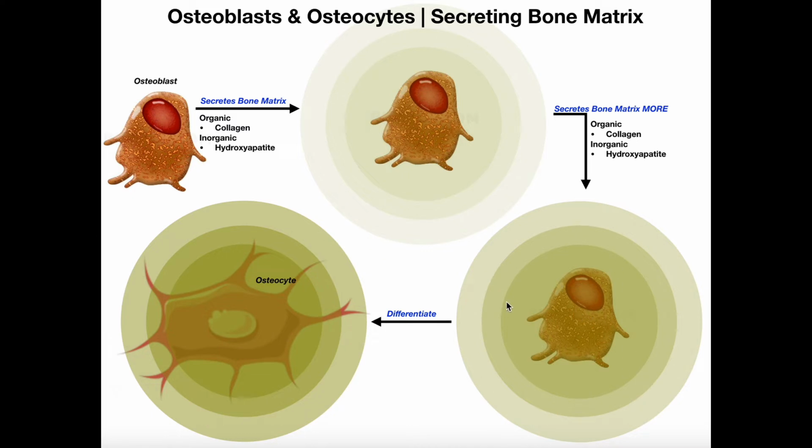And when it gets trapped in its own secretion, which is the matrix of the bone, it can no longer receive a super high amount of nutrients, and so that, along with some other biochemical signals, trigger it to differentiate into an osteocyte, which, rather than secreting more bone matrix, functions in maintaining the bone tissue. And each osteon, as we're going to see in a minute, contains many, many osteocytes.